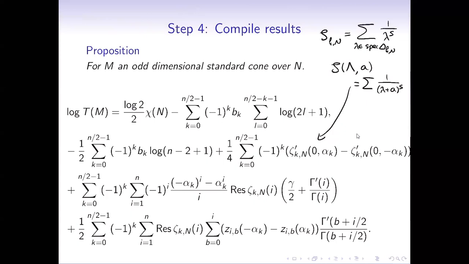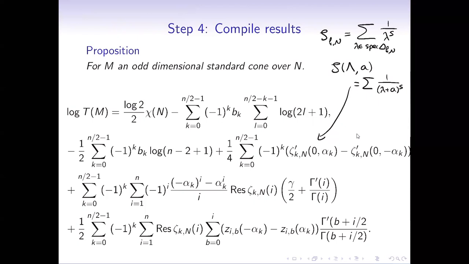But in the article, he uses this definition, the zeta function with roots of eigenvalues of the Laplacian rather than the eigenvalues themselves, which confused me for quite a bit of time.